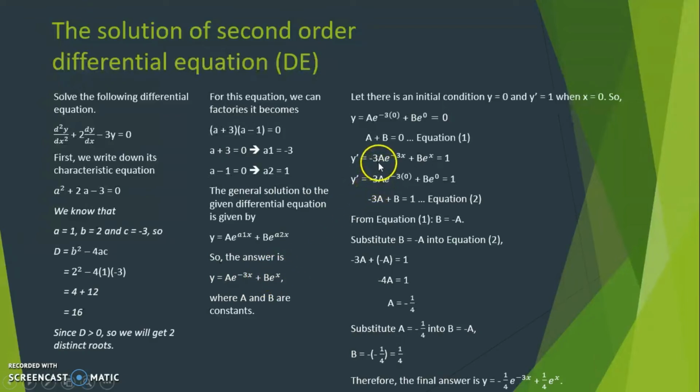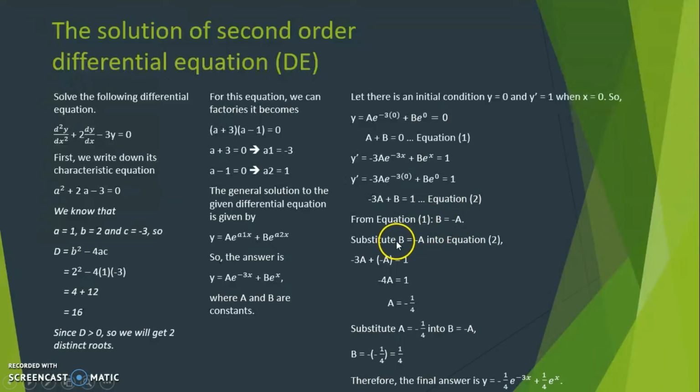We get -3Ae^(-3x) + Be^x, which is equal to 1. Then substituting x = 0, we get equation 2: -3A + B = 1.